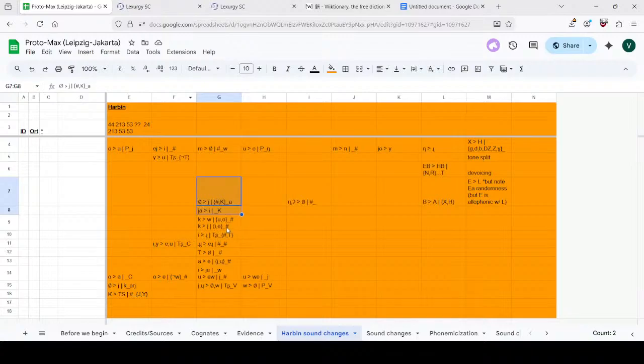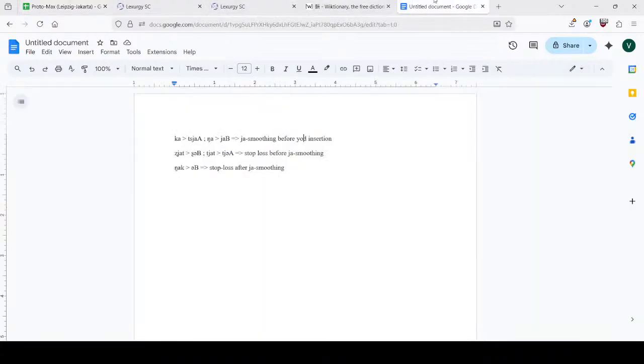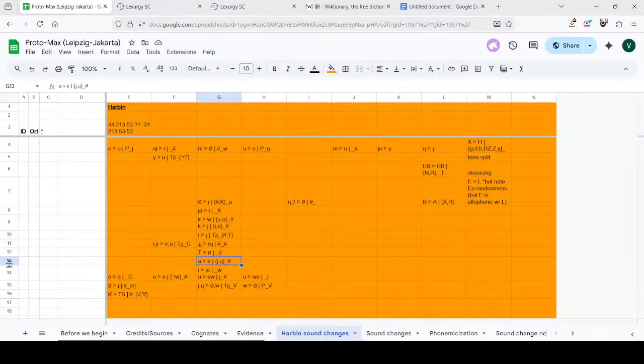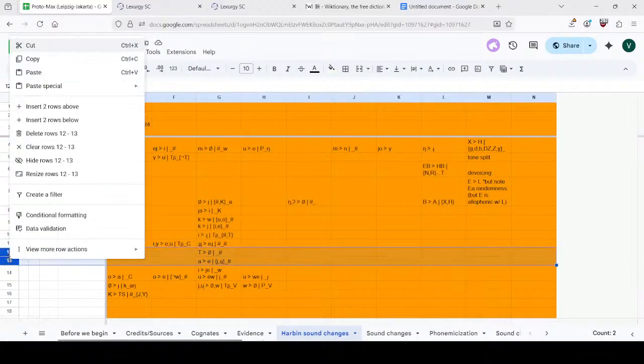So okay, so let's just put stop loss and then stop loss. Wait, stop loss, yod smoothing, yod insertion. So this happens after yod smoothing and stop loss.